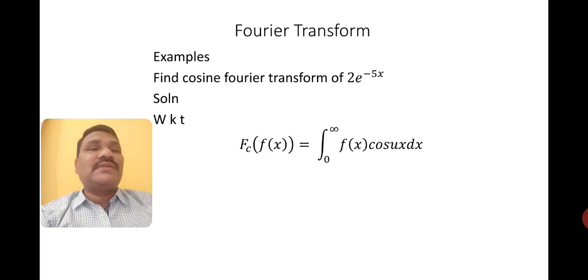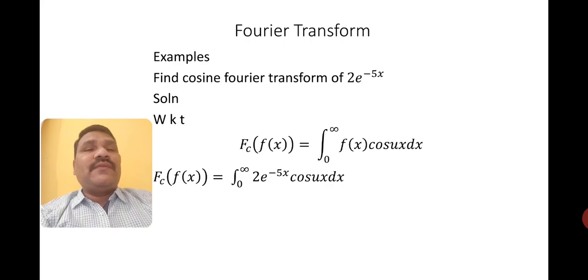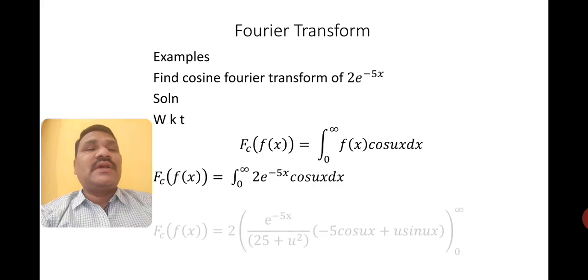So f of x is given to us as 2 e to the power minus 5x. Let me write: integral 0 to infinity 2 e to the power minus 5x cos u x dx.